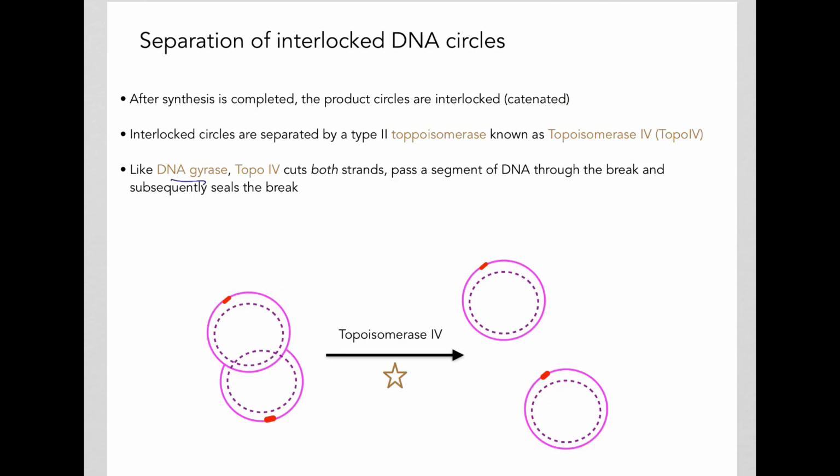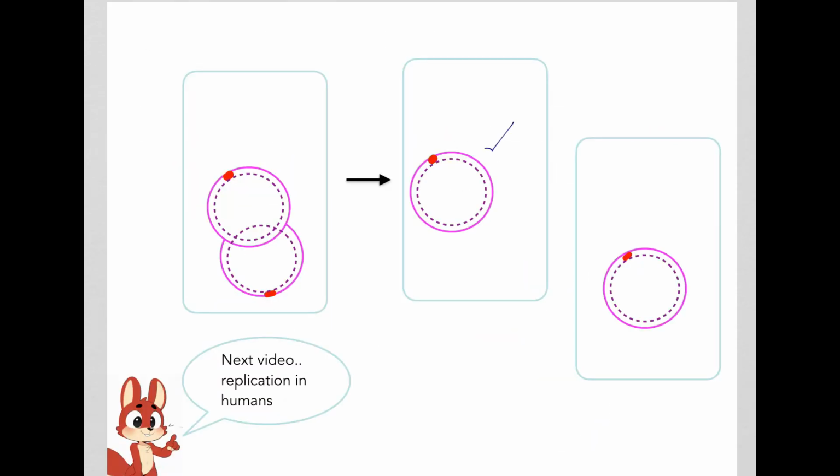Like DNA gyrase, topo 4 also cuts both strands, passes a segment of DNA through the break, and subsequently seals the break, and that leads to the production of two DNA circles. Each cell will have one template strand and one newly synthesized strand, and the other cell similarly will have one template strand and a newly synthesized strand, what we call semi-conservative replication.